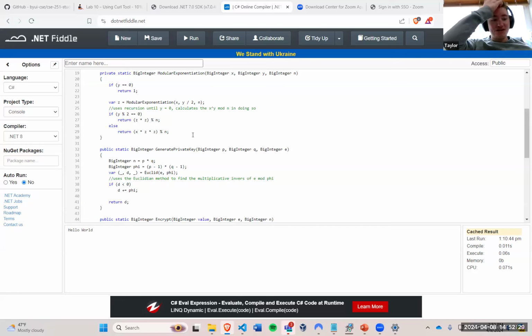Then we have big integer phi equals p minus 1 times q minus 1. And we get that to get phi, and then we get the multiplicative inverse of e mod phi. Once we get that, we'll return that, that's what's returned by d.